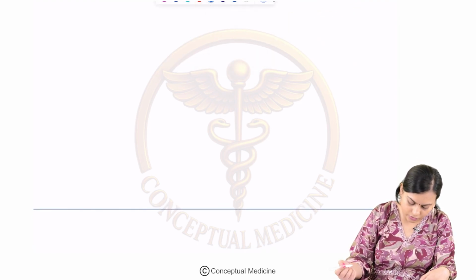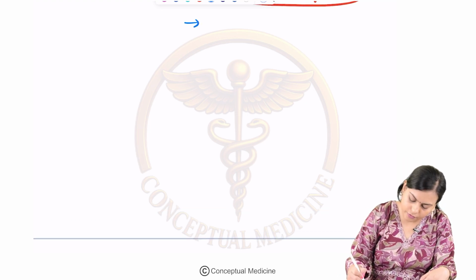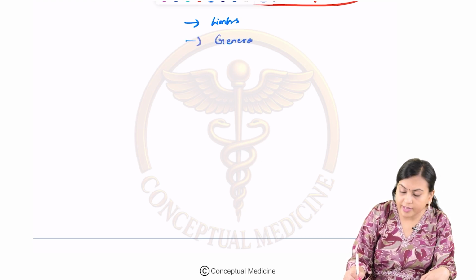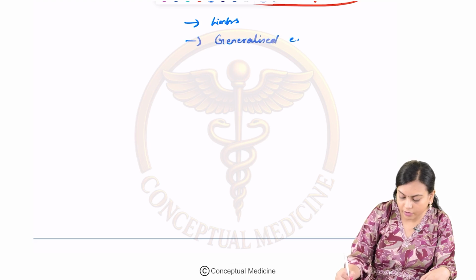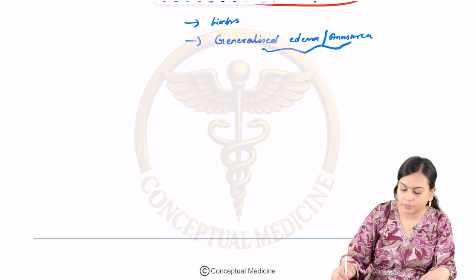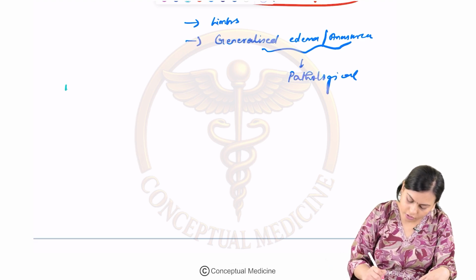So when edema happens, it will usually happen in the limbs. But sometimes a generalized edema or anasarca can also occur. But when this occurs, it is mostly pathological. So how can you manage?